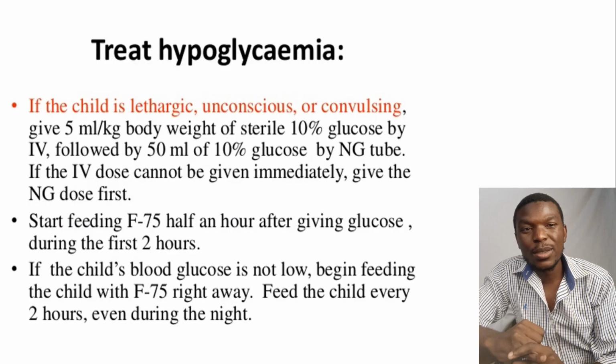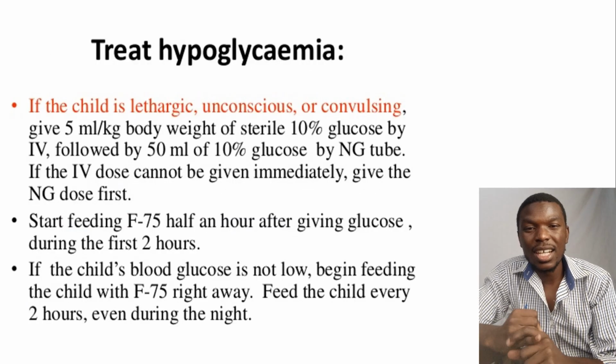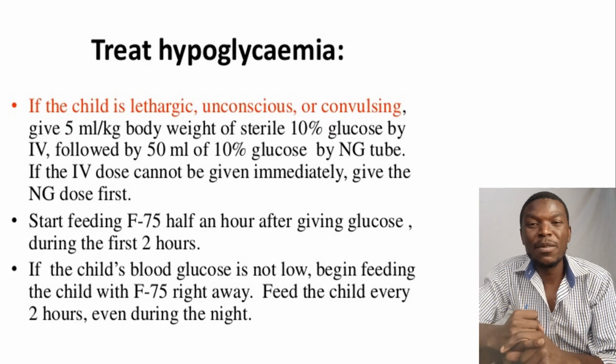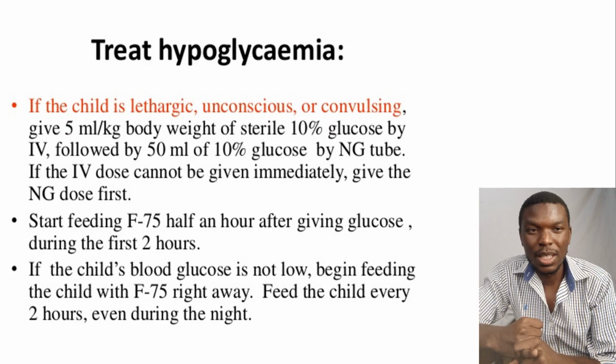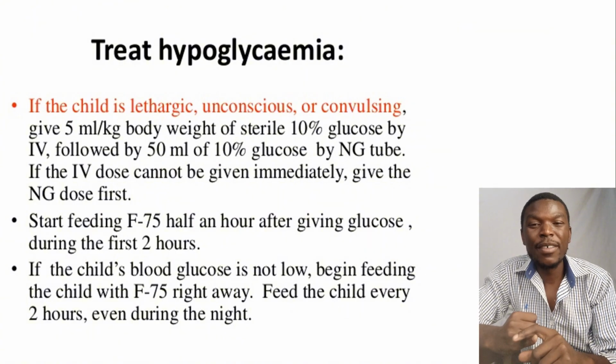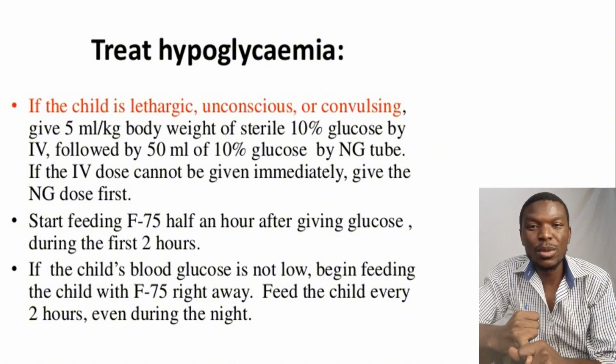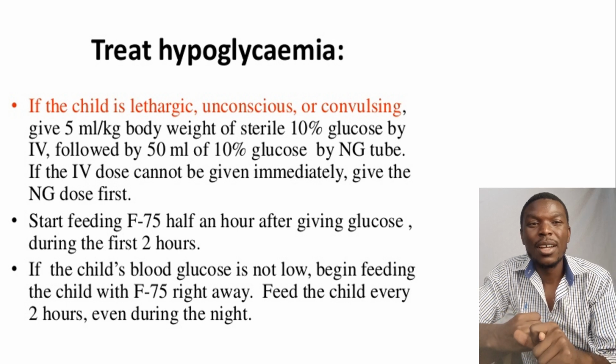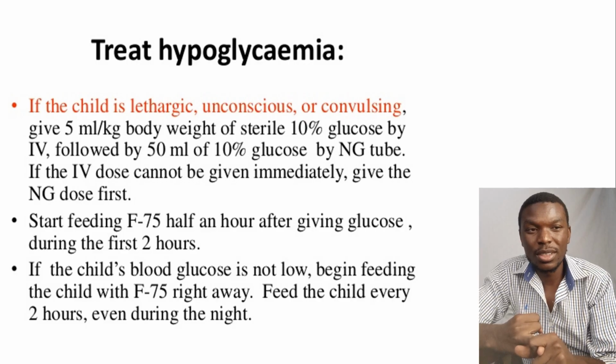In a case where the child is lethargic, unconscious, or convulsing, we're going to give IV. In this case, we're going to give 5 mils per kg body weight of 10% glucose by IV. Then we're going to follow it with 50 mils of 10% dextrose by NG tube.